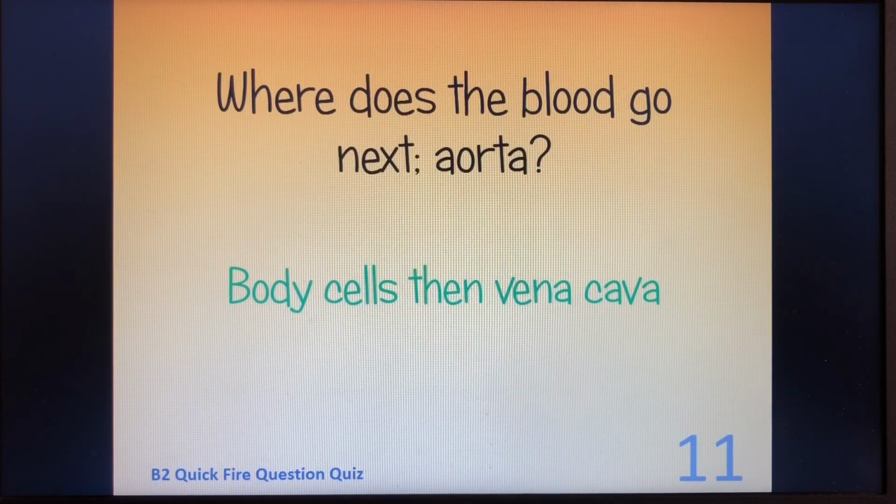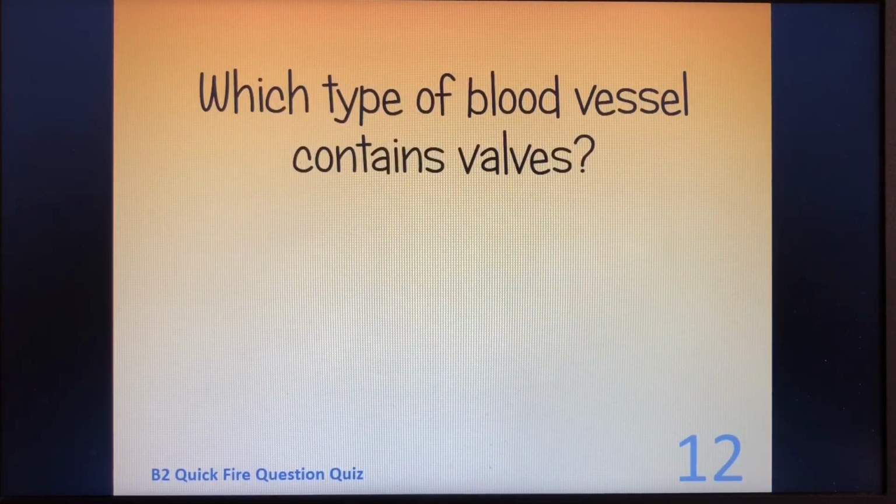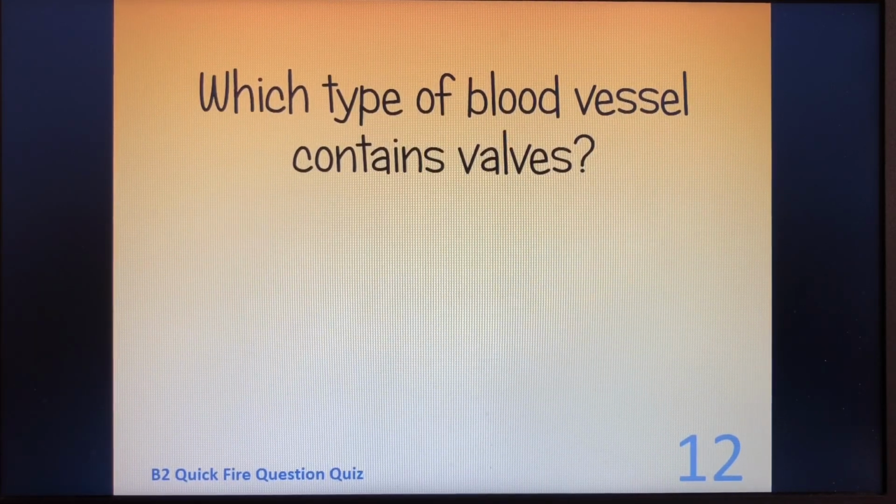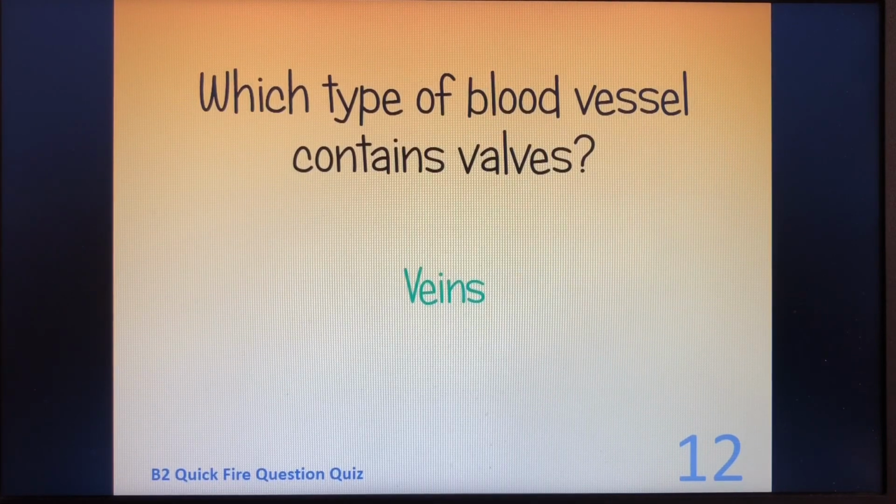Question 12. Which type of blood vessel contains valves. Now we use our alliteration here hopefully to help us remember where we'd find the valves. Apart from in the heart, where else do we find valves? Which blood vessel? And the answer is the veins.